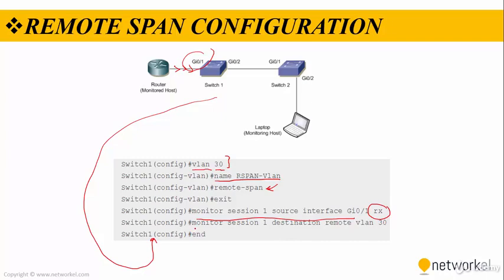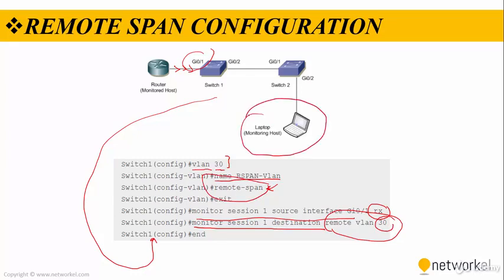And we have another command here, monitor session 1 destination remote VLAN, where the remote VLAN is our remote SPAN VLAN, which is 30, as you can see. And that's the monitoring host, and we are monitoring the traffic coming from the router to the switch that way.